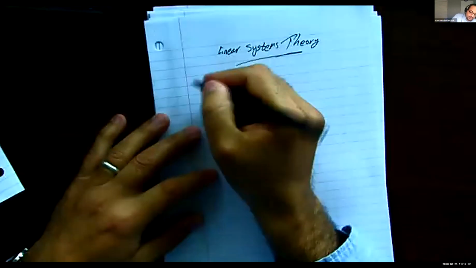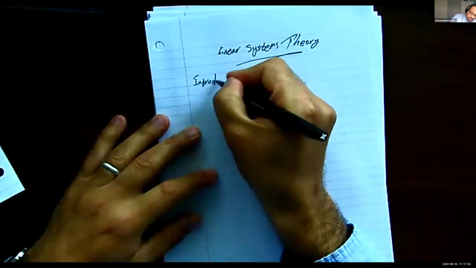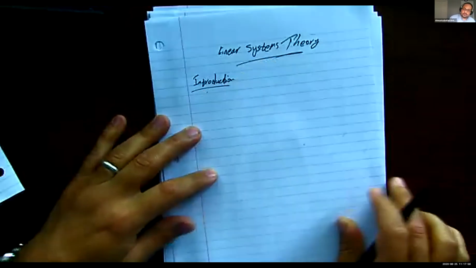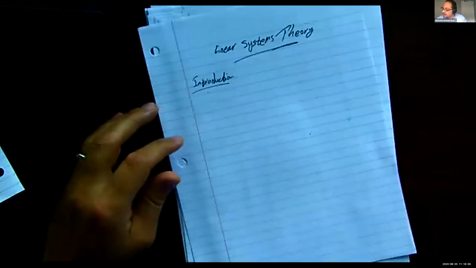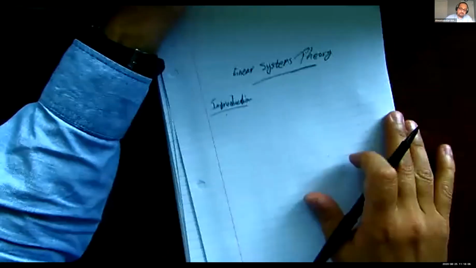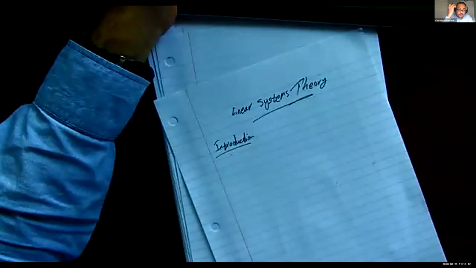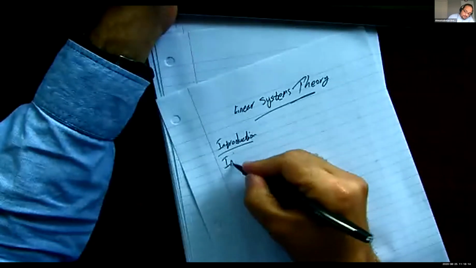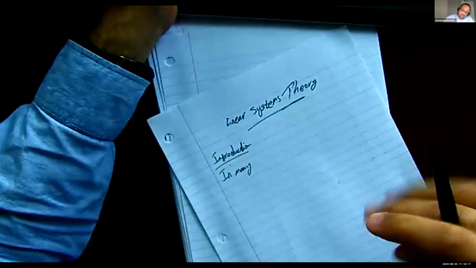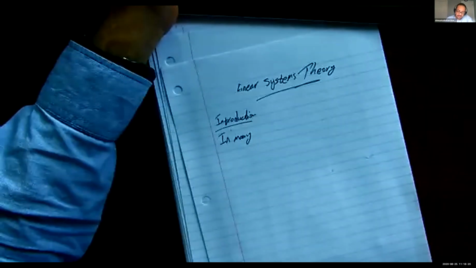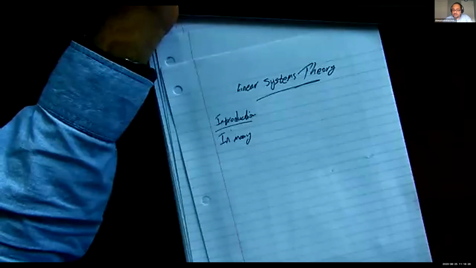All right. Let me start with an introduction. In many areas of engineering, linear time invariant systems are modeled through different forms.